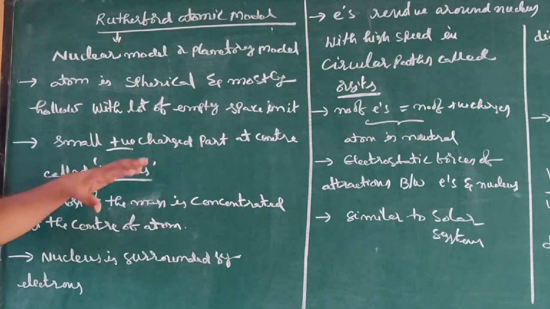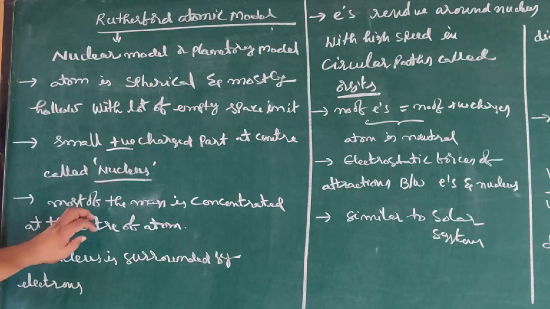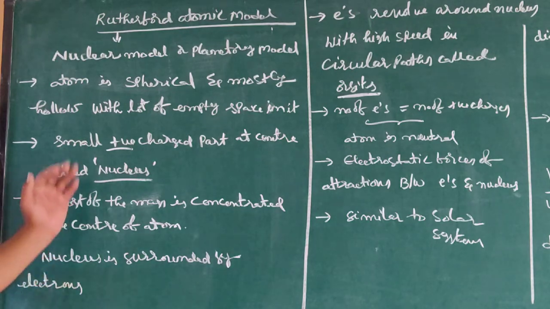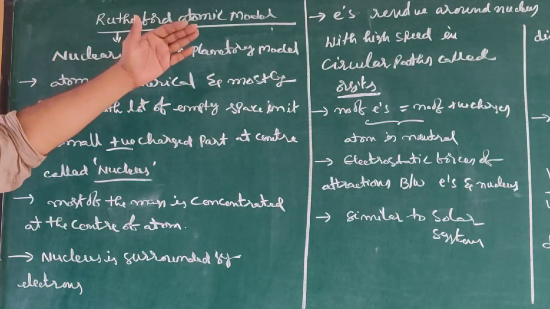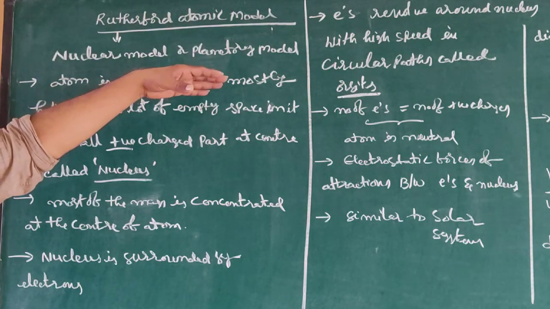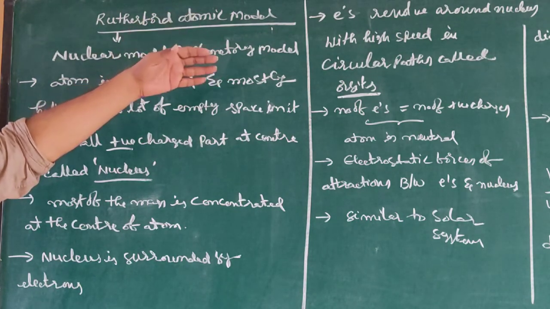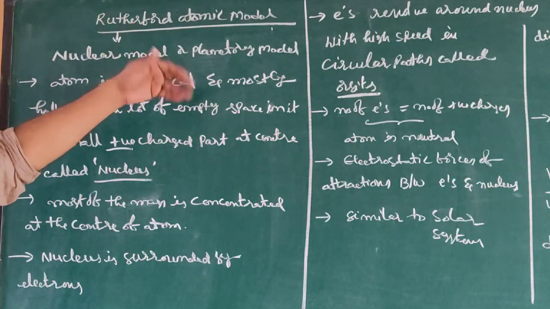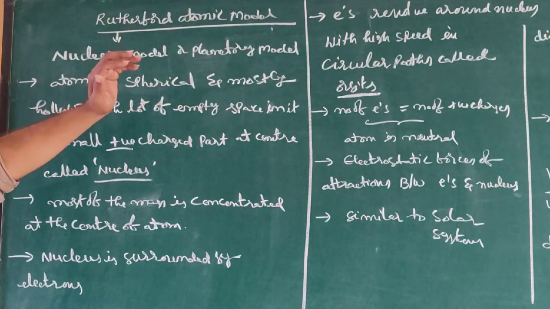Most of the mass of the atom is concentrated at the center only. The nucleus is surrounded by electrons. These electrons revolve in circular paths with high speed. These circular paths are called orbits.